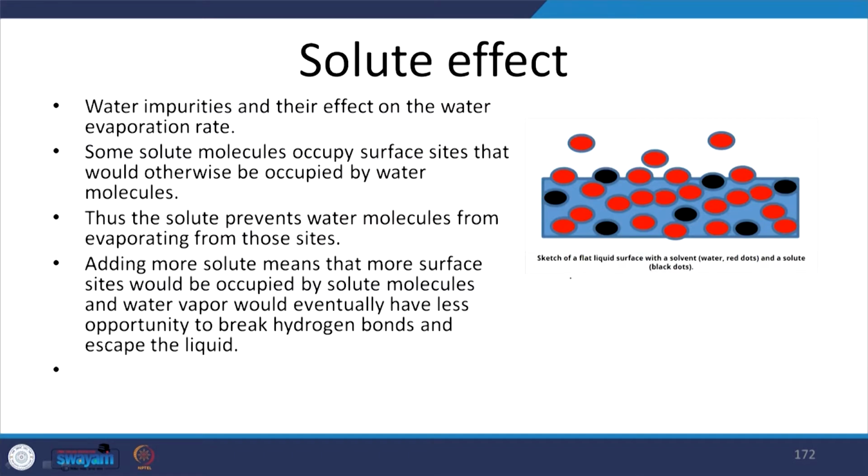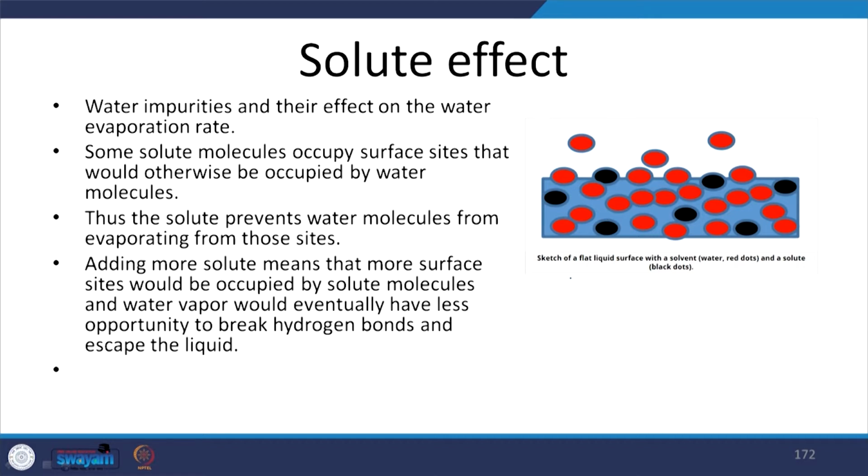What is the aspect that you want to understand when you add a solute? Water impurities and their effect on the water evaporation rate is the basic idea. When you add some impurities to the water, what will happen? The impurities that I am talking about are the cloud condensation nuclei. If we have cloud condensation nuclei and condensation happens on them, how will the vapor pressure change?